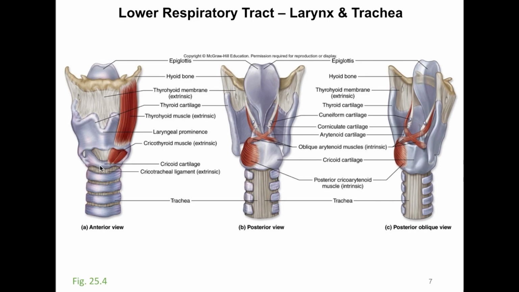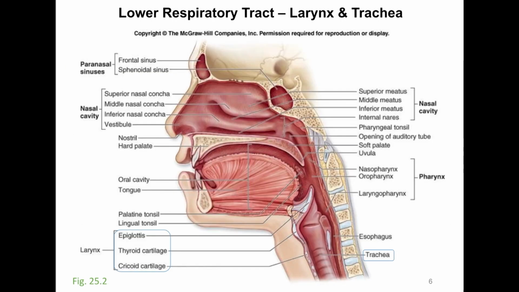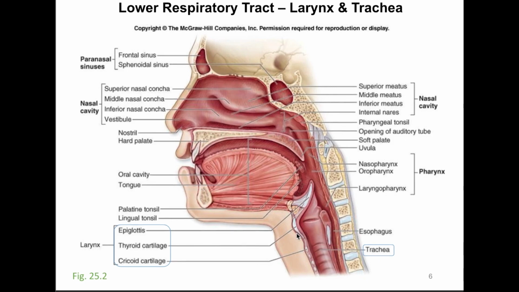And this is the only cartilage of the larynx that forms a complete circle. If you are familiar with how a patient is intubated, you know that they apply cricoid cartilage pressure, or cricoid pressure. The reason they do that is this view right here. Here's the cricoid cartilage.